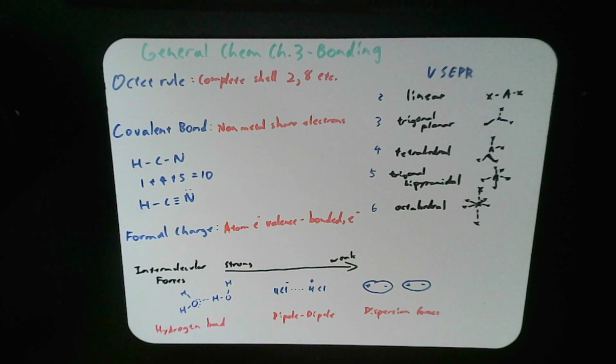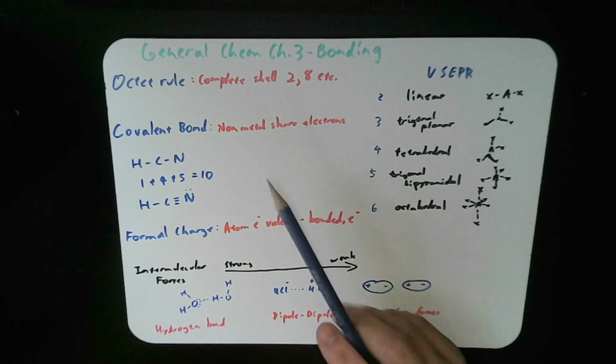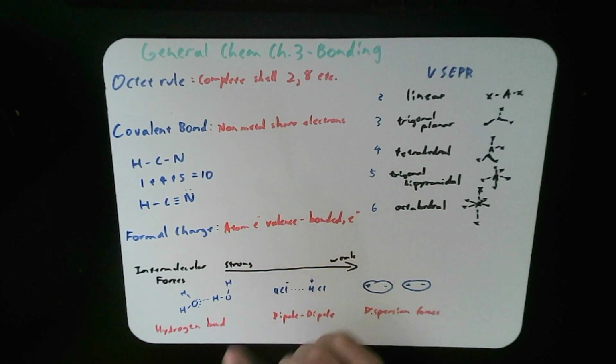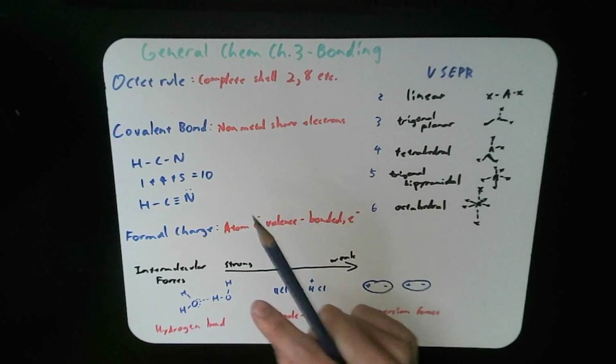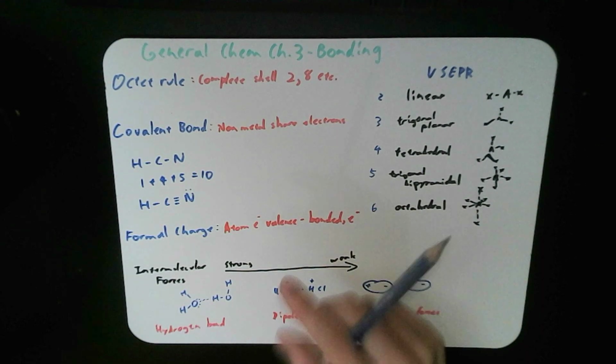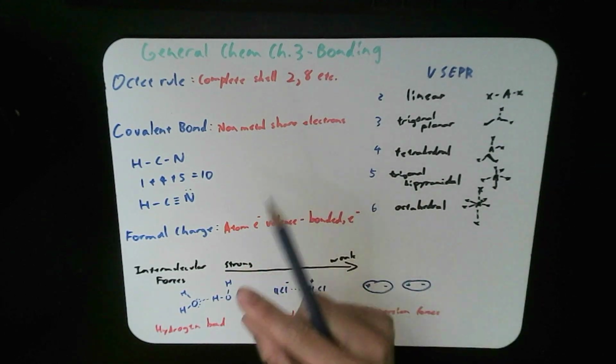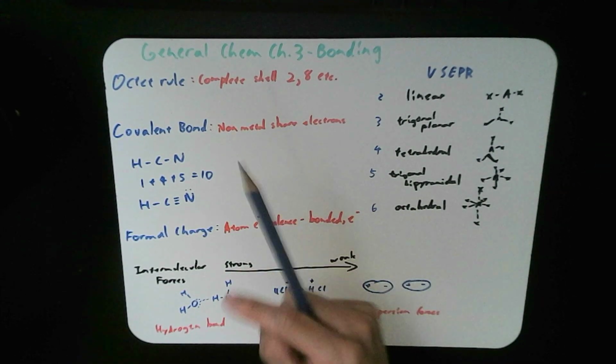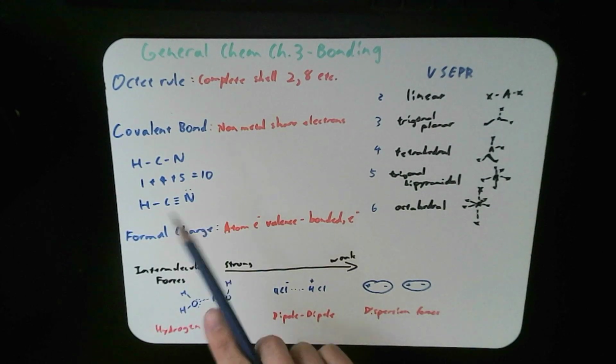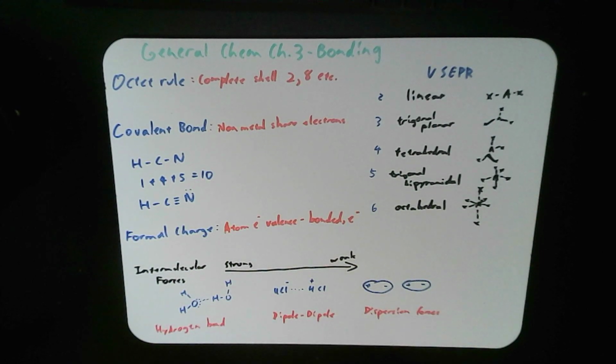However, if that boron is bonded to another atom, let's say oxygen, and that oxygen shares 2 electrons with boron, then that will complete the boron shell, but those 2 electrons are being donated completely by the oxygen atom. So that's a coordinate covalent bond, because oxygen donates all of those 2 electrons, and none were given by boron to share.